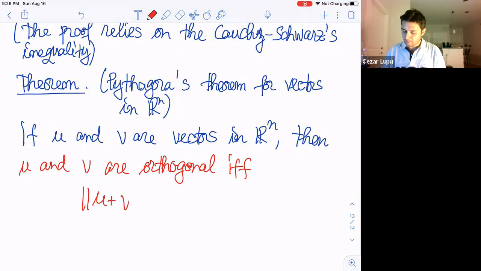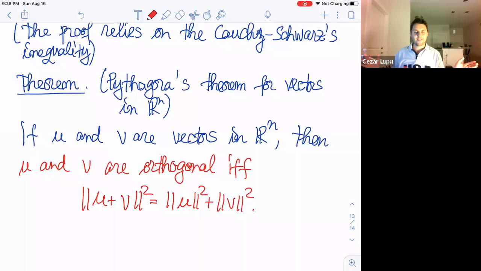The length of u plus v squared is nothing else than the length of u squared plus the length of v squared. In other words, the dot product between u and v just vanishes, it's actually 0. So this is what happens between two orthogonal vectors.